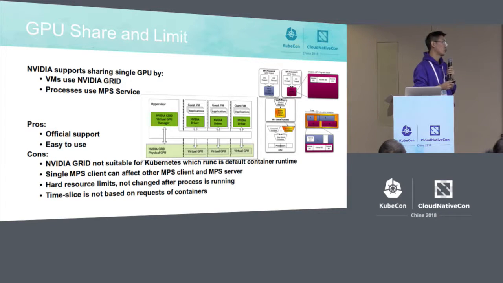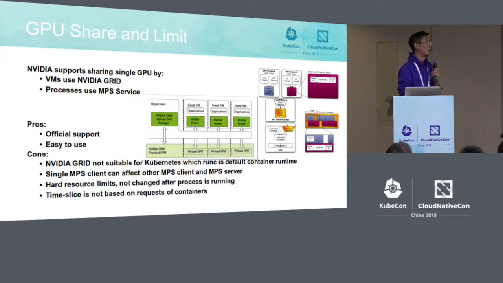And resource limit is another reason. NVIDIA has the latest Volta series GPU. Officially, they said it can limit an MPS client and they can use multiple computing threads, but the documents also say that when one application has started, the limit cannot be modified.